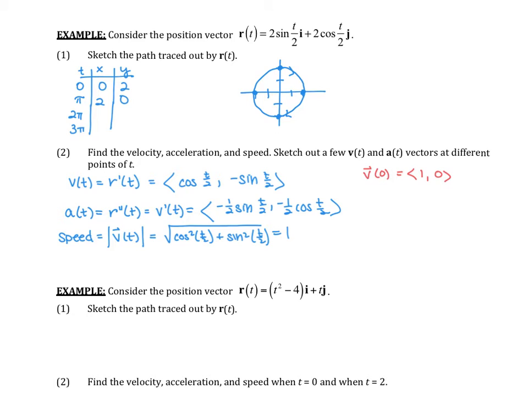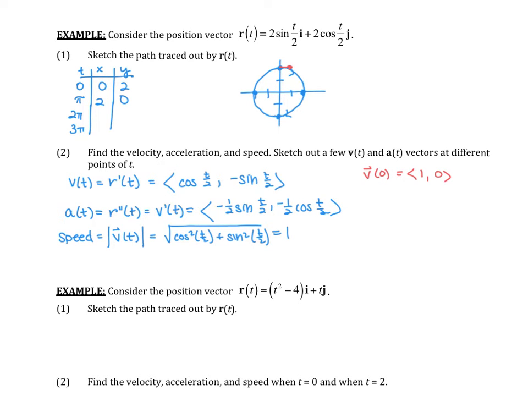So when t is 0, my velocity vector is 1, 0. That probably makes a little bit of sense to us, as our velocity is moving in this direction. As this particle moves around this circle, it makes sense that right here my velocity is that vector.